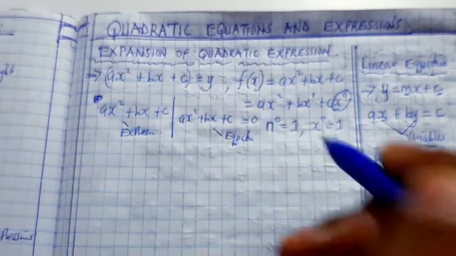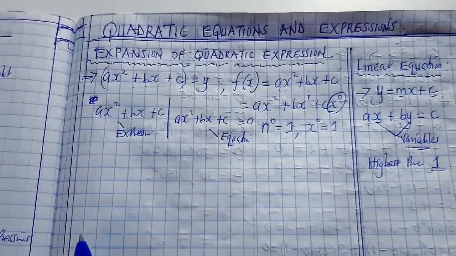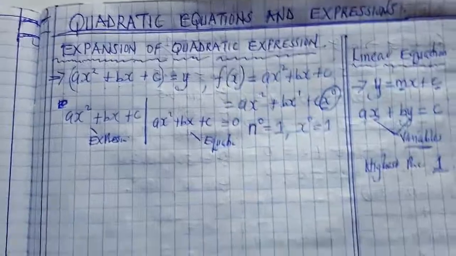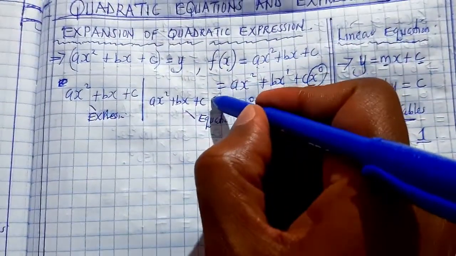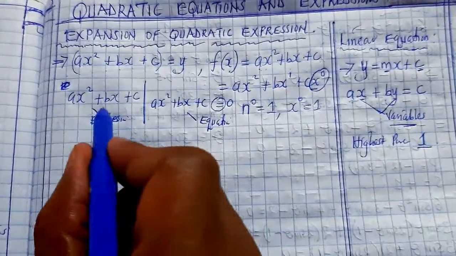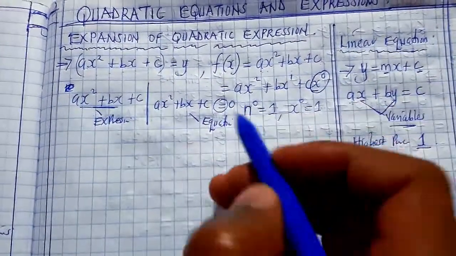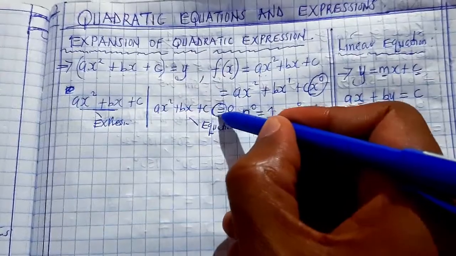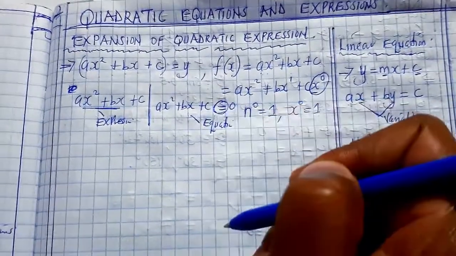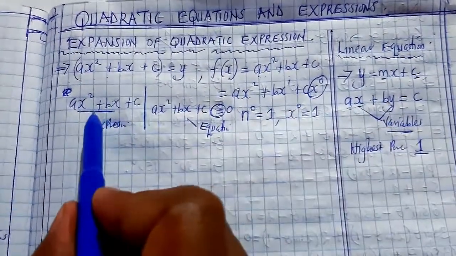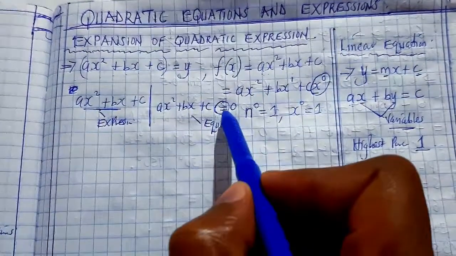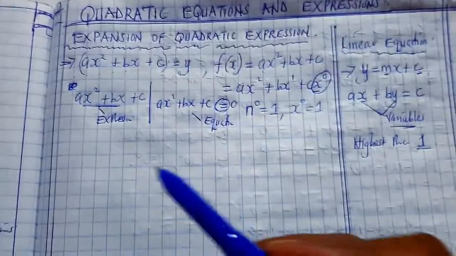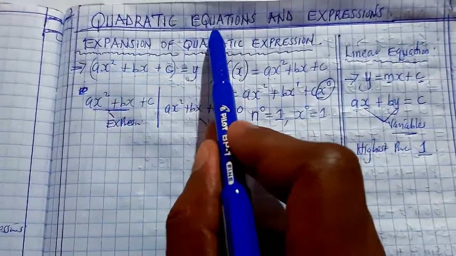You can clearly see that this one has an equal sign, but this one does not. Therefore, an equation must have an equal sign, but an expression does not necessarily have an equal sign. That's the difference between an expression and an equation.